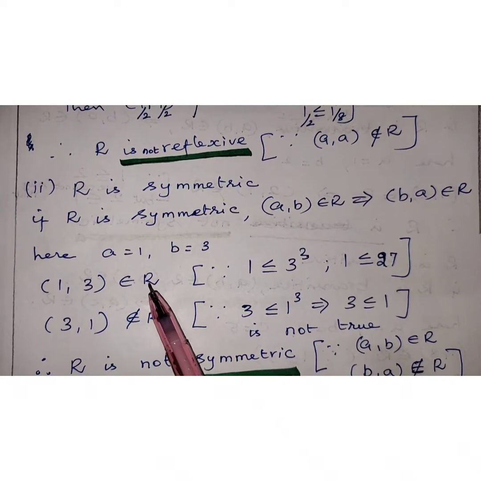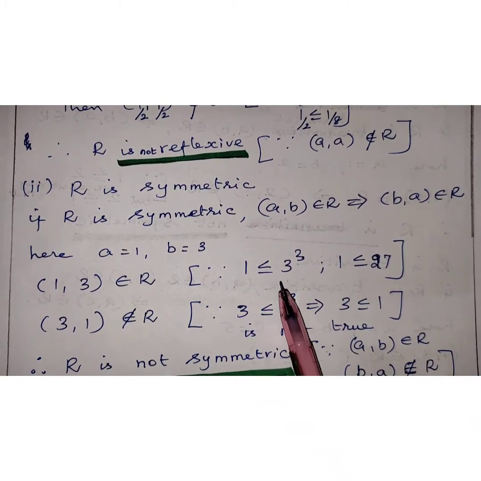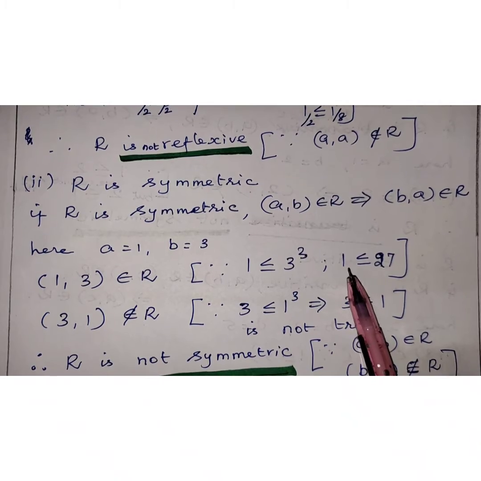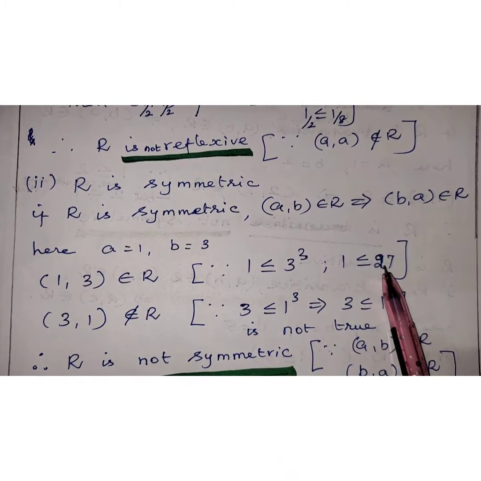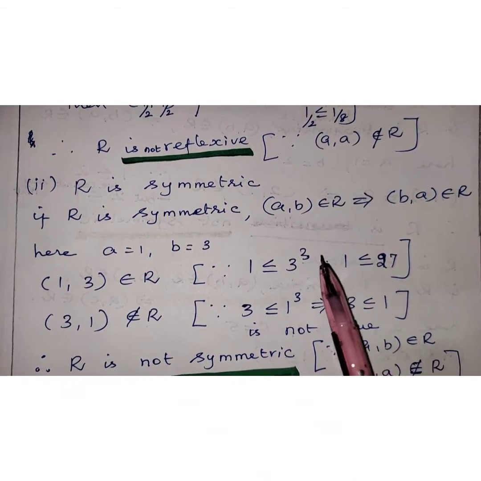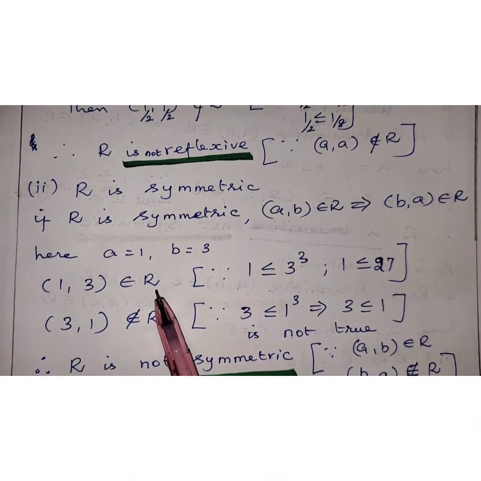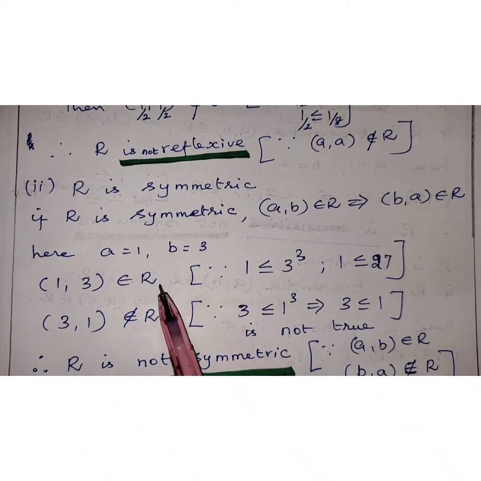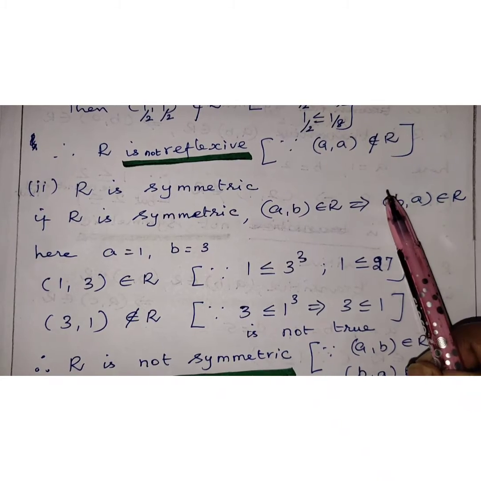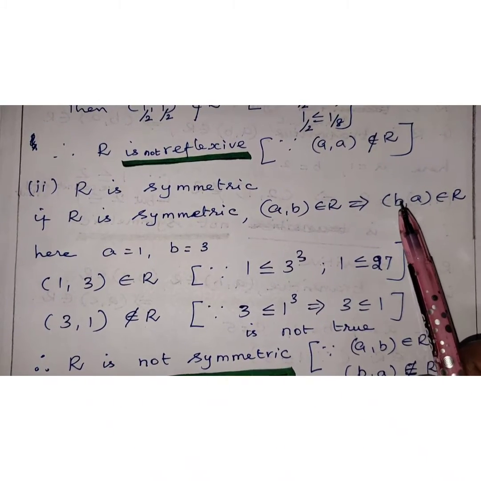(1, 3) belongs to R since 1 is less than or equal to 3 cube, that is 1 less than or equal to 27. This statement is true. Therefore (1, 3) belongs to R. Now from the symmetry condition, the pair (b, a) must also belong to R, then only we can say that R is symmetric.